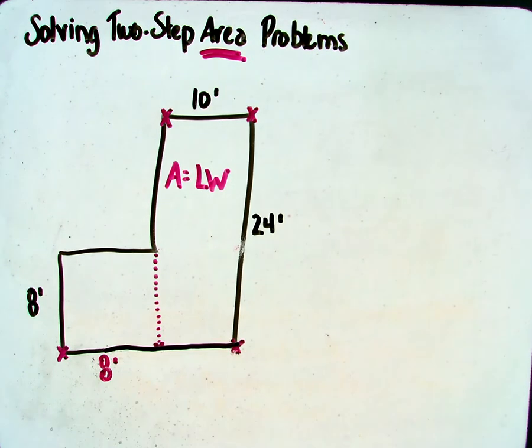So someone said earlier that it looks like we could divide this shape into a rectangle and a square. And you are correct. It is a rectangle and a square. Now, how do we compute the area of a square?